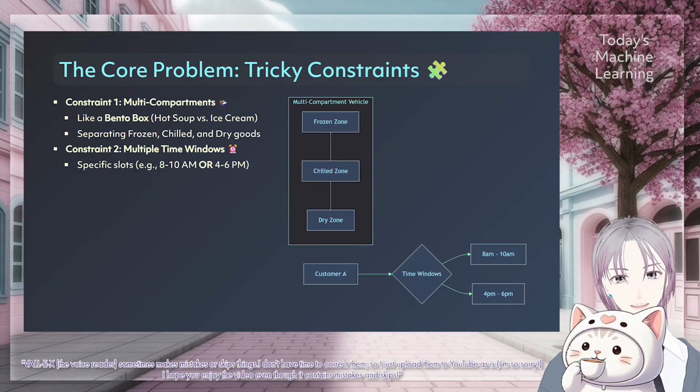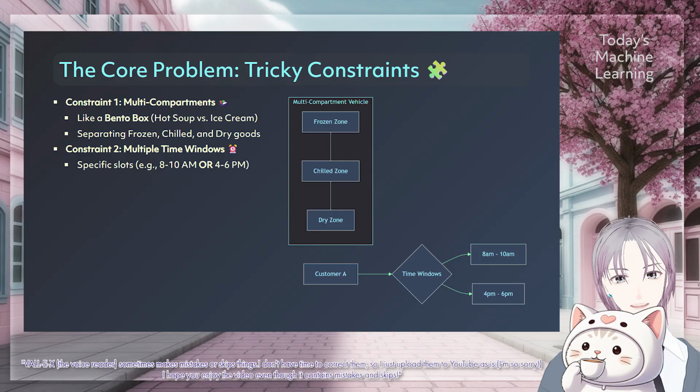So, what is the problem this paper is trying to solve? Imagine a delivery truck. Usually we think of a truck as just a big empty box on wheels. Right, you throw all the packages in, and off you go. Our modern logistics is much more complicated than that. This paper deals with two very tricky constraints. First, the trucks have multiple compartments.